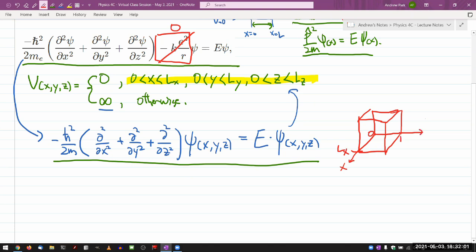This is going to be Ly along my y-axis, and along my z-axis, this is going to be my Lz. I called it a cube, but technically it's a cuboid. Later on, I will eventually set these dimensions equal to each other, but for now I'll keep them as separate letters so that we have more flexibility.